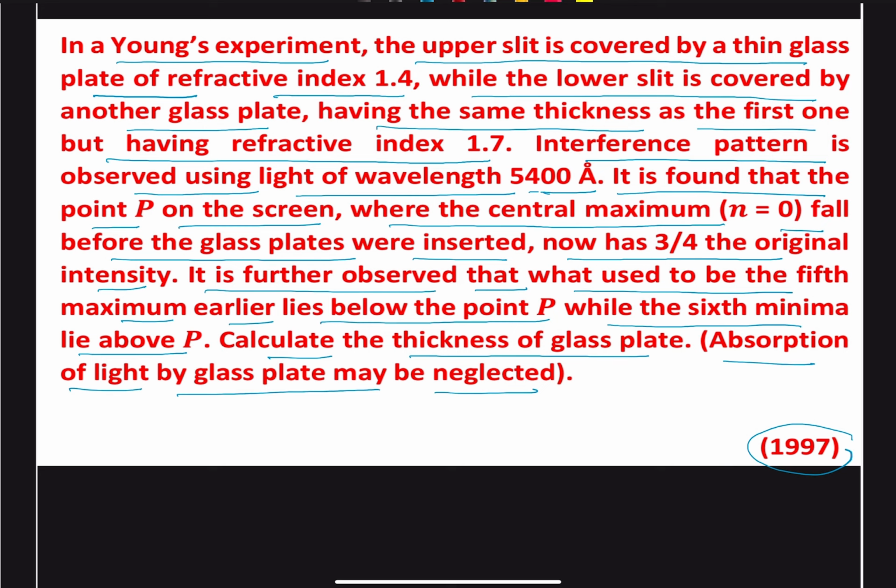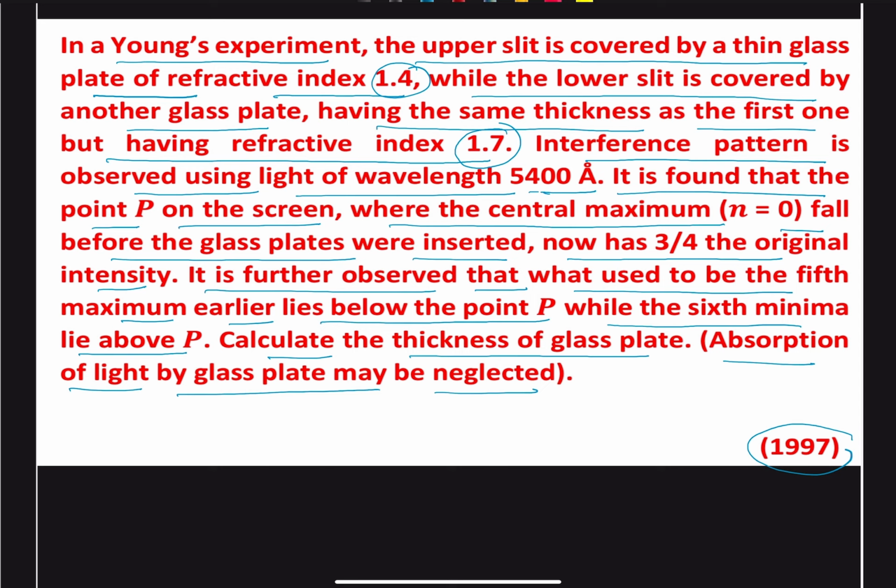So in this case, we have Young's double slit experiment. In that case, there are 2 slits. One slit is covered by the refractive index 1.4 and another one is covered by the same thickness but refractive index 1.7.